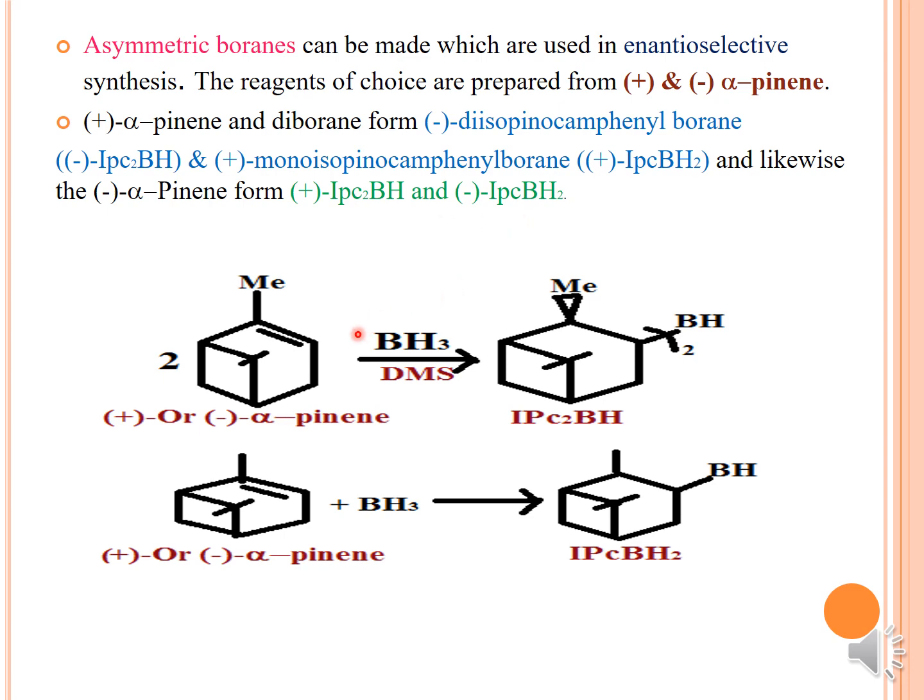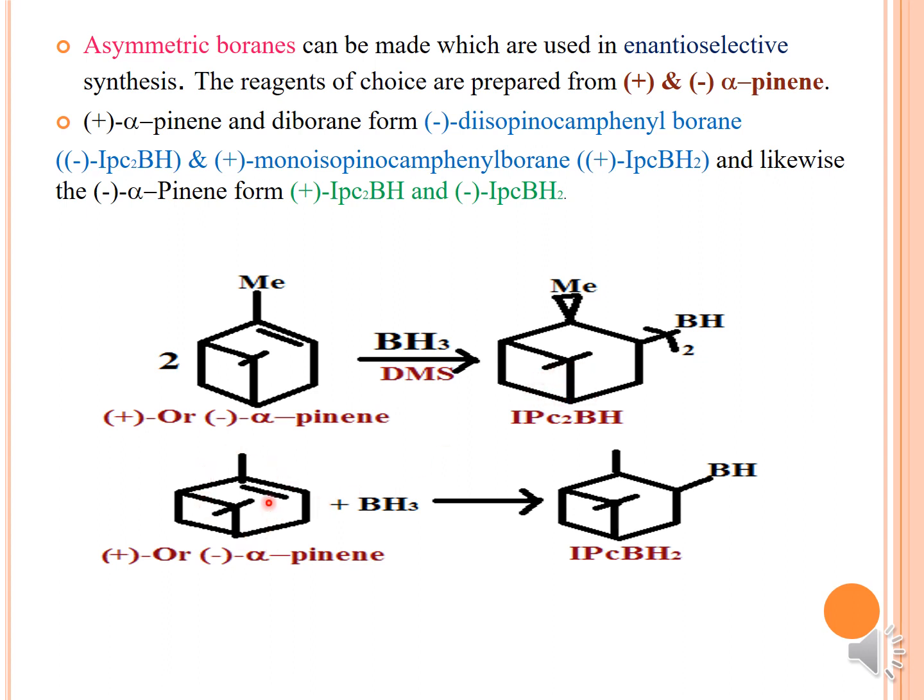Alright, let's begin with the reaction. If you see over here, you are getting one disubstituted product and one monosubstituted product, that is diisopinocampheyl borane and monoisopinocampheyl borane. If you take two molecules of plus or minus alpha-pinene and treat it with BH3 in the presence of DMS, you will result in diisopinocampheyl borane.